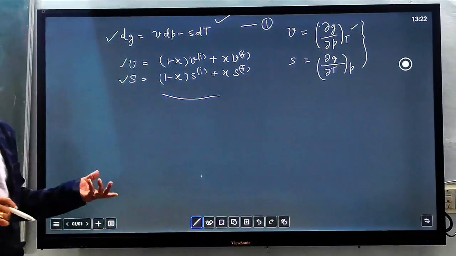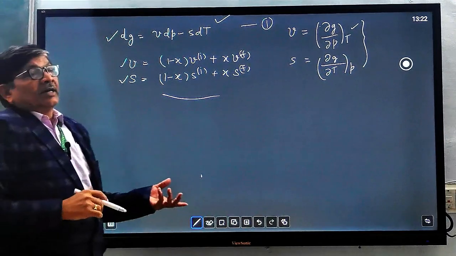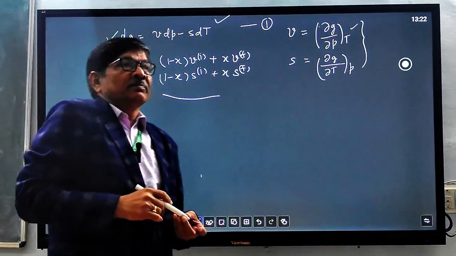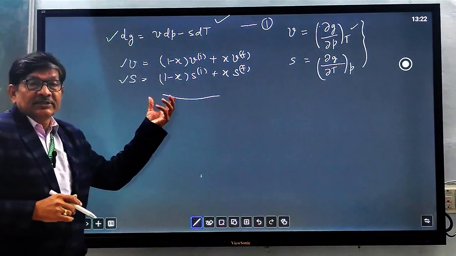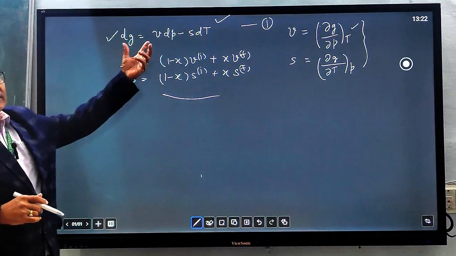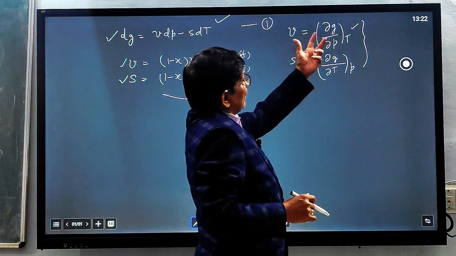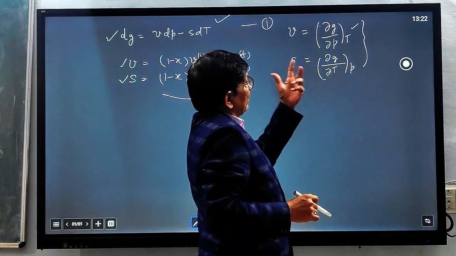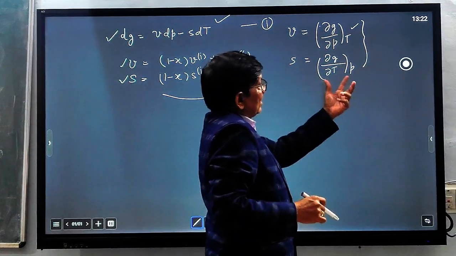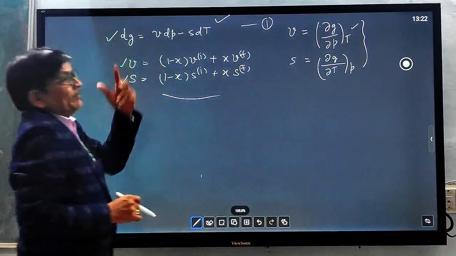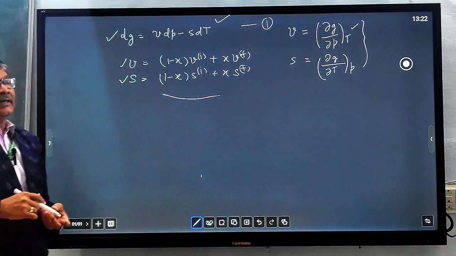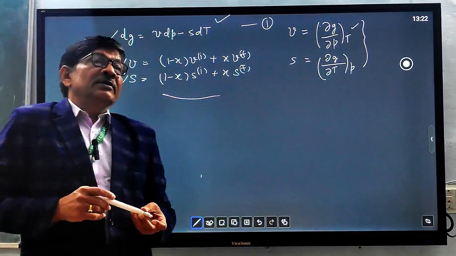That is the characteristic of first order phase transformation: first volume change, del G over del P at constant T, then entropy change, del G over del T at constant P, in the same equation. That's why we say the derivatives of the Gibbs energy function are discontinuous.